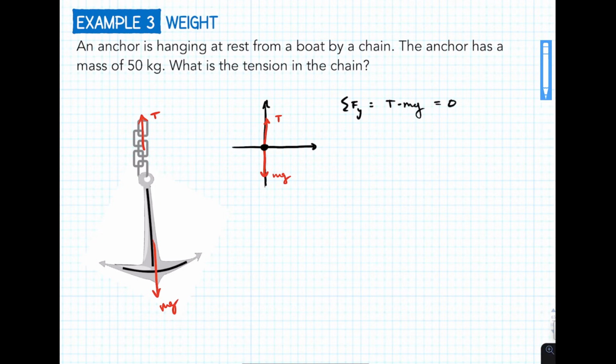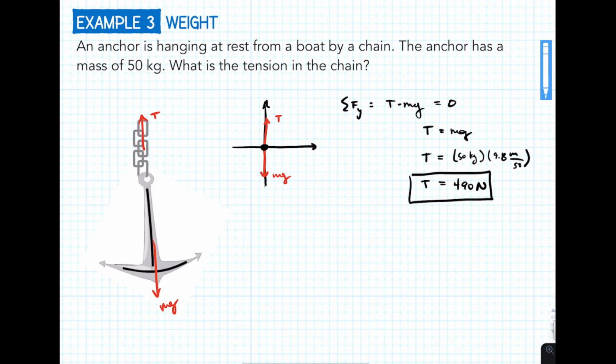So that means tension is equal to the weight, which means that if we want to calculate tension, that's going to be 50 kilograms times 9.8 meters per second squared, and that gives us 490 newtons. So our tension here is 490 newtons.